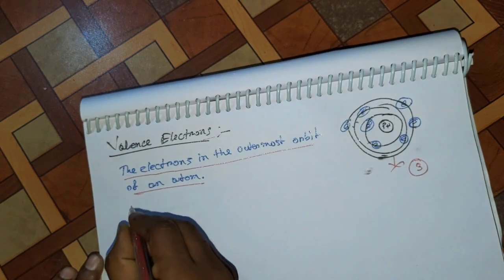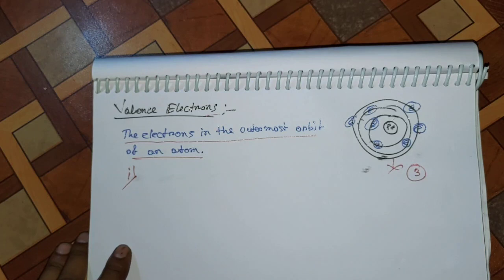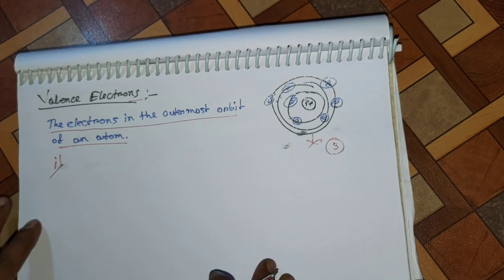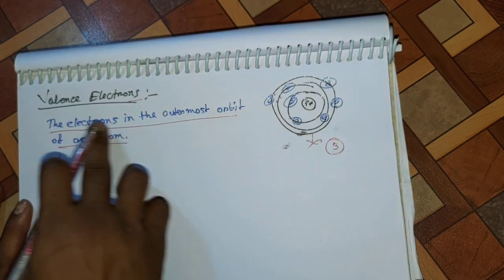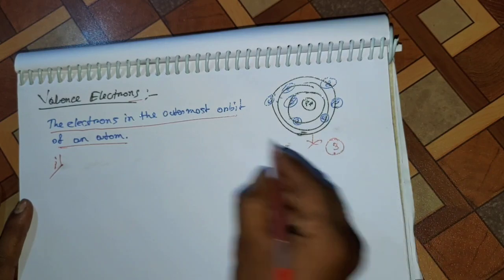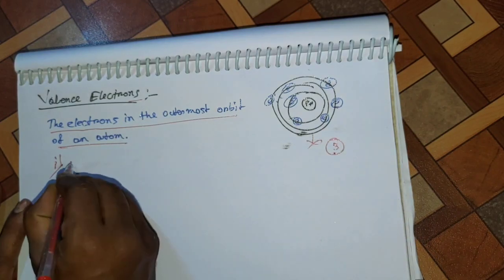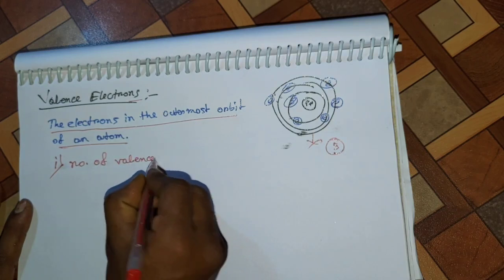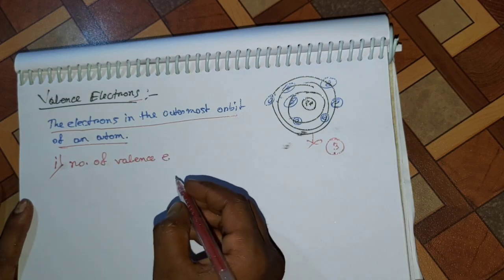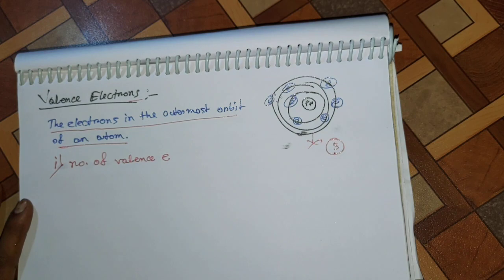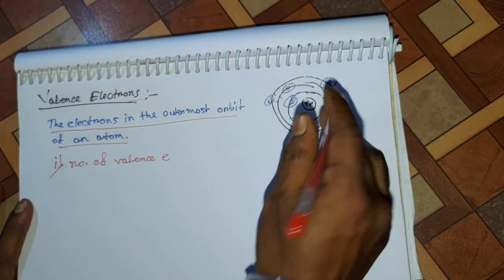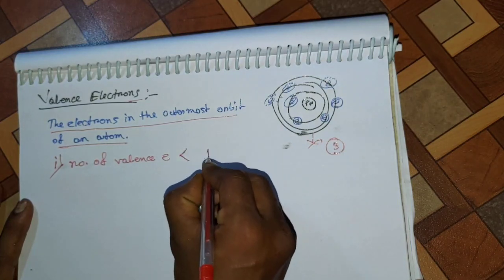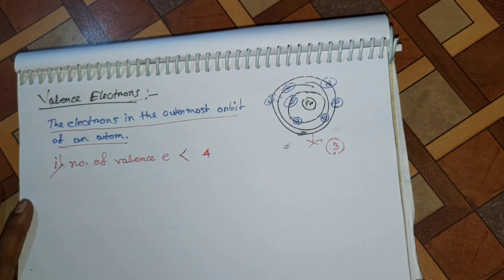The first condition is when the number of valence electrons of an atom is less than 4.